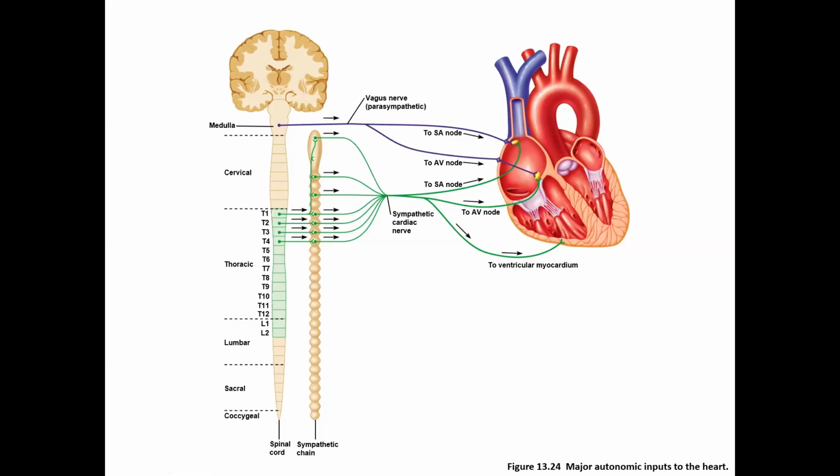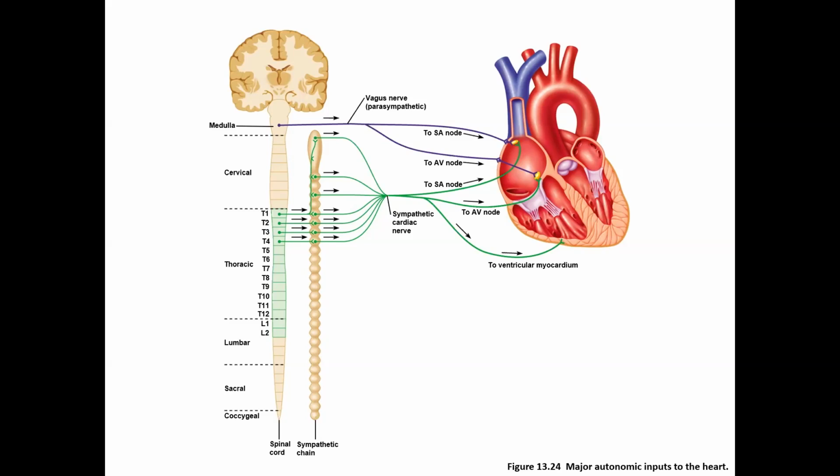the heart muscle. Whereas for the parasympathetic system, we've got neurons coming from the brainstem. Remember, this is where our parasympathetic fibers arise, but they only innervate the SA and AV nodal cells. There is no myocardial innervation from the parasympathetic system.